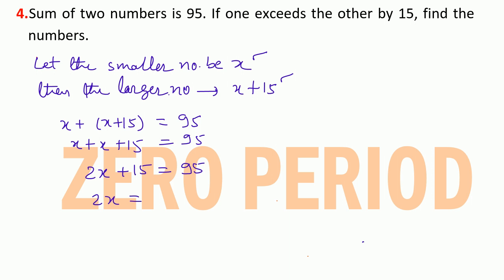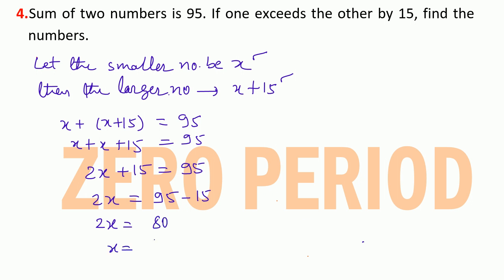Then 2x is equal to 95 minus 15. Here 15 is transposed to the right hand side. 2x and 15 have an addition sign in between. So when 15 is transposed to the right hand side, it becomes minus. 2x is equal to 95 minus 15, which is 80.